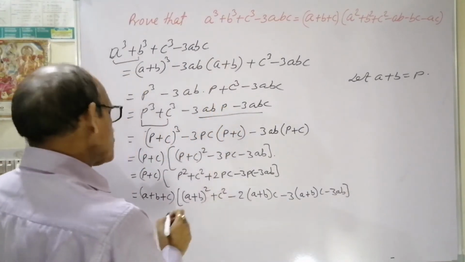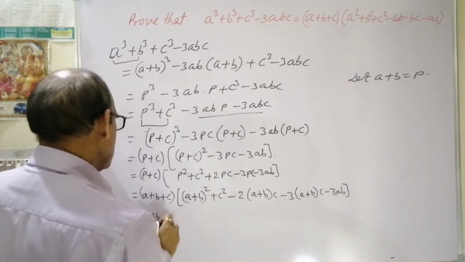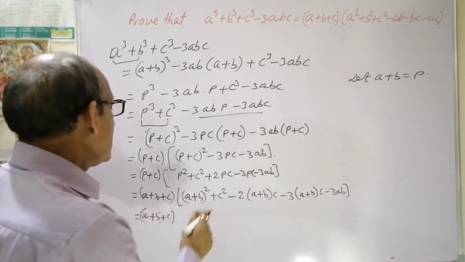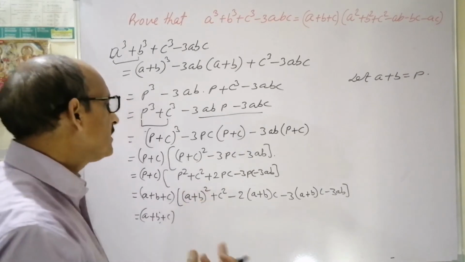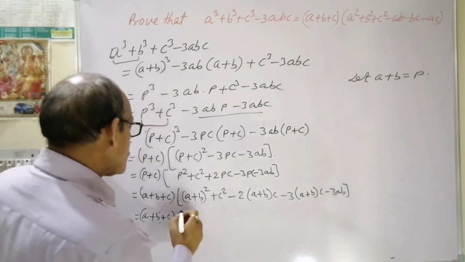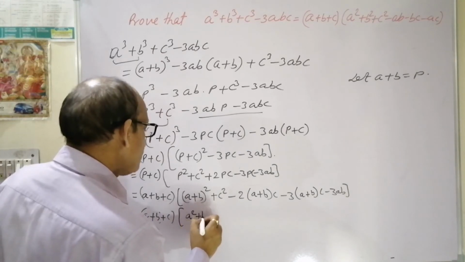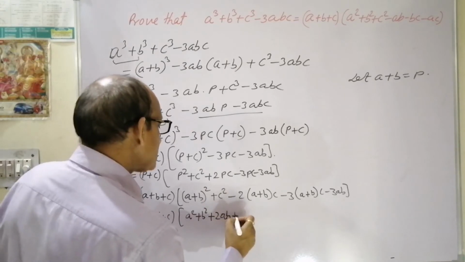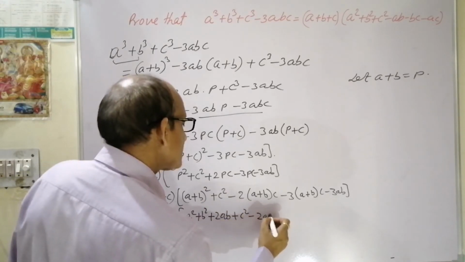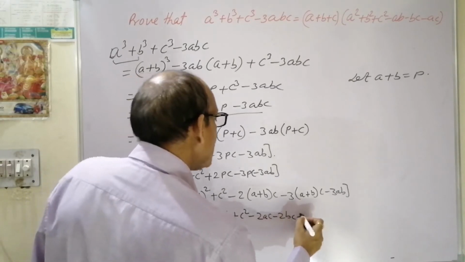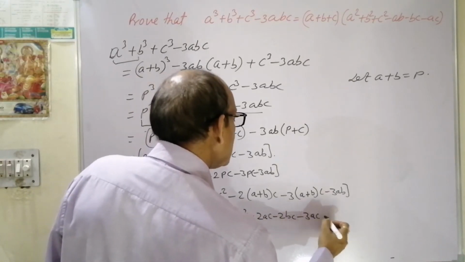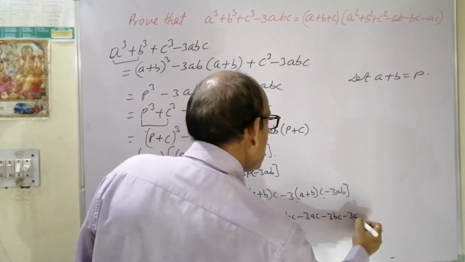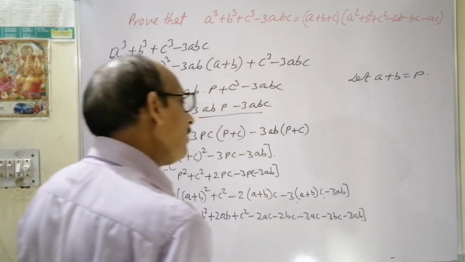Finally over here, we'll get again A plus B plus C. Next, this will be expanded by the identity (A plus B) whole square, so we'll have A square plus B square plus 2AB plus C square minus 2AC minus 2BC plus minus 3AC, this and this multiplied, minus 3BC minus 3AB, all over.